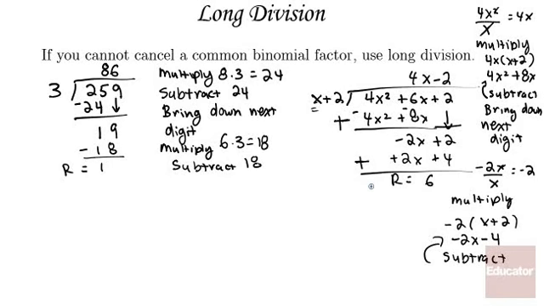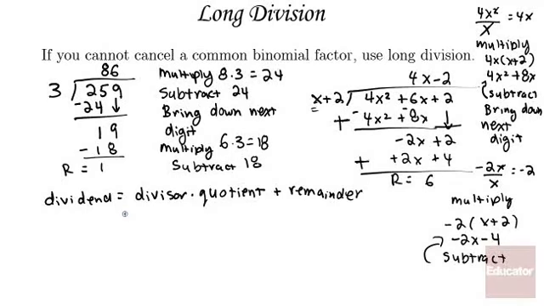Now, there's a way to check this, and it's worth checking because long division with polynomials is complicated enough that errors can be made. So the way you check it is to realize that the dividend equals the divisor times the quotient plus the remainder.